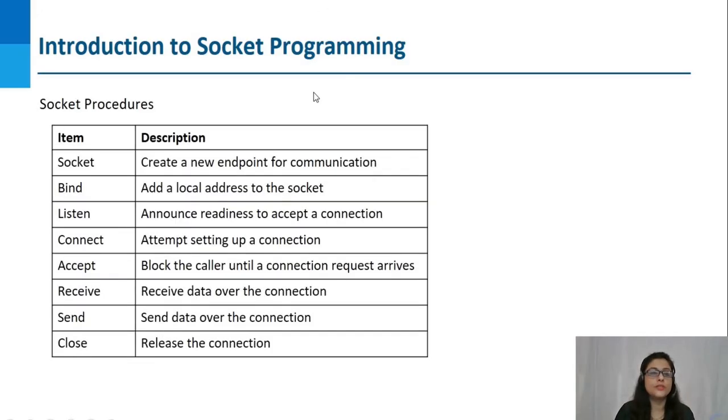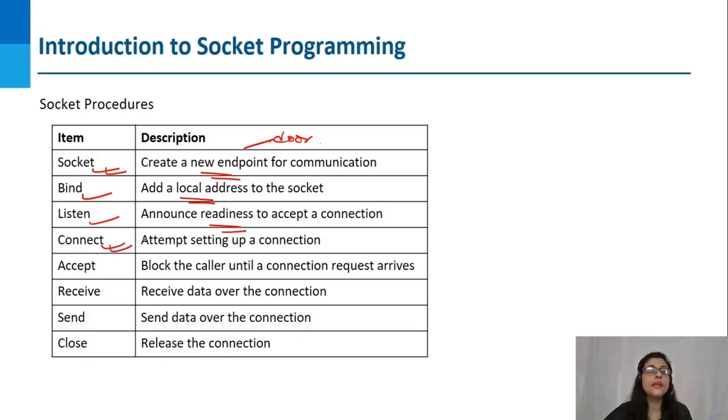What are the socket procedures? Let's understand them one by one. Initially, you have to write socket in order to create a new endpoint for communication. This endpoint can also be considered as a door for communication between the two entities. Then there is a system call which is called bind. In order to bind, we have to add a local address to the socket. Then there is a listen system call which announces the readiness to accept a connection.